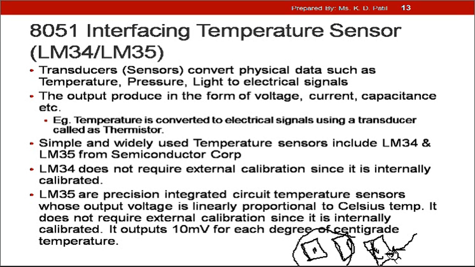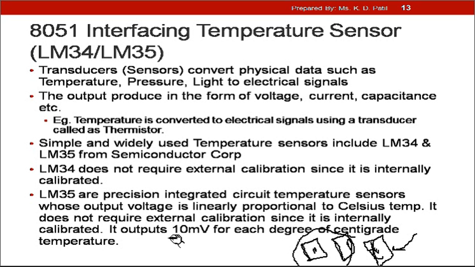The most widely used temperature sensors are LM34 and LM35 from the Semiconductor Corporation. LM34 does not require external calibration since it is internally calibrated, and LM35 are precision integrated circuit temperature sensors whose output voltage is linearly proportional to the Celsius temperature. It does not require external calibration since it is internally calibrated.